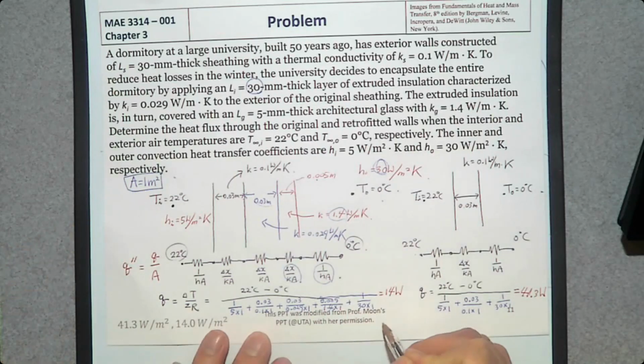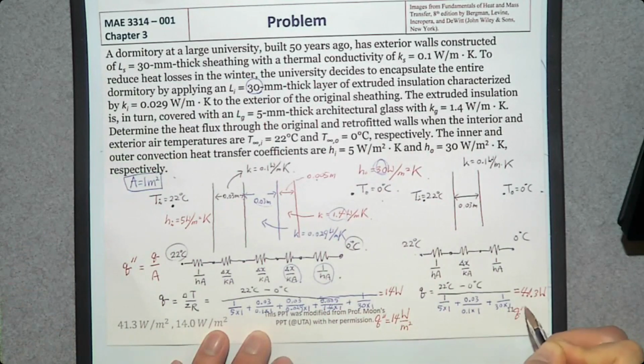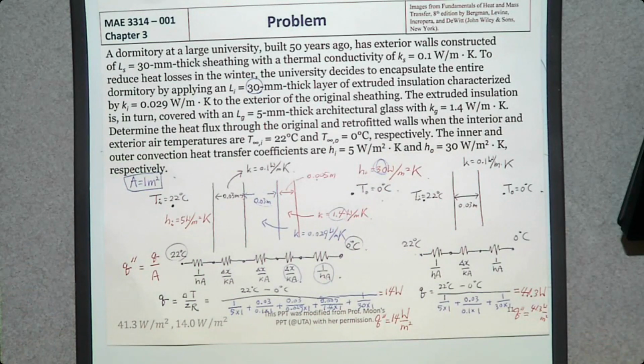So the heat flux Q double prime is going to be 14 watt per meter square. Q double prime for this design is going to be 41.3 watt per meter square. So be careful about the unit of the heat flux and the rate of heat transfer. The rate of heat transfer is watt. The heat flux is watt per square meter.